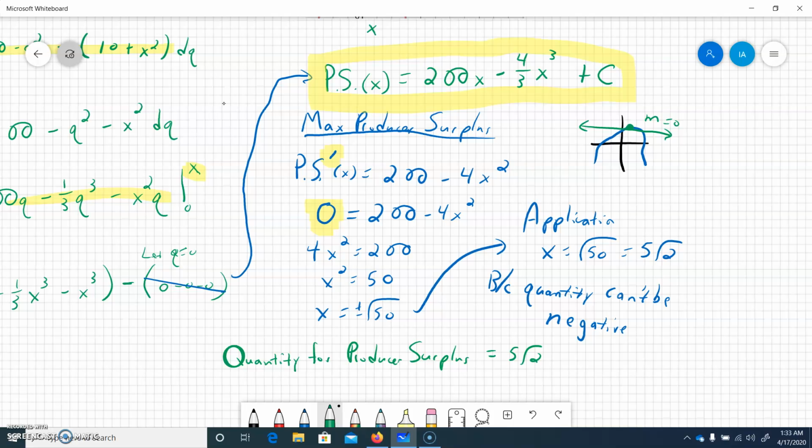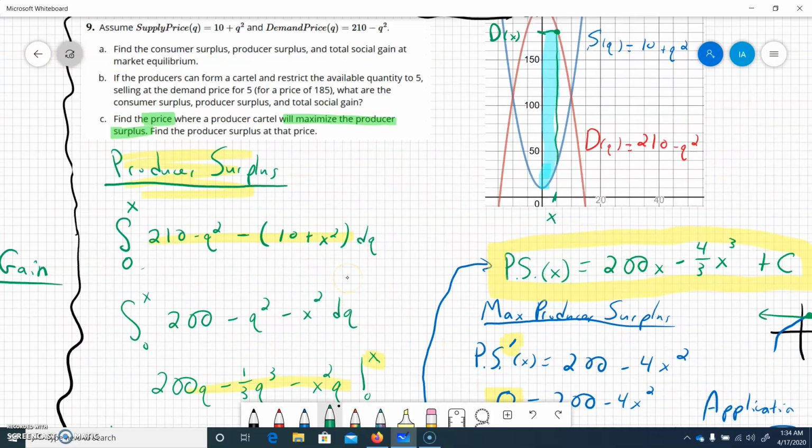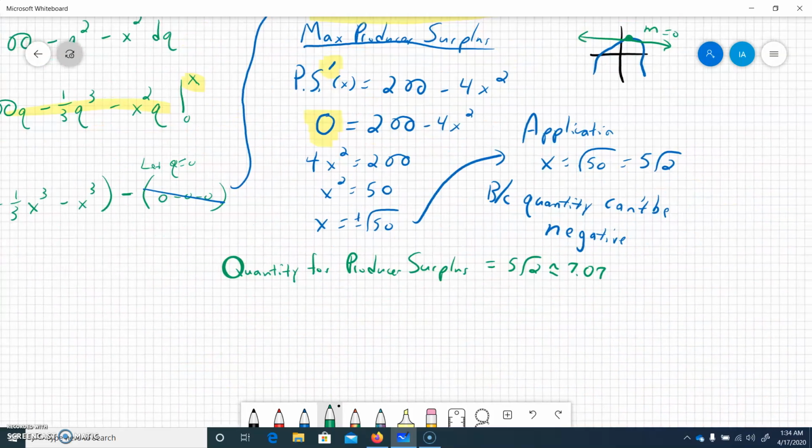Let me put that in the calculator real quick. 5 times square root of 2 is approximately 7.07. So we would need about 7 items to maximize the producer surplus, but we were actually asked to find the actual producer surplus.